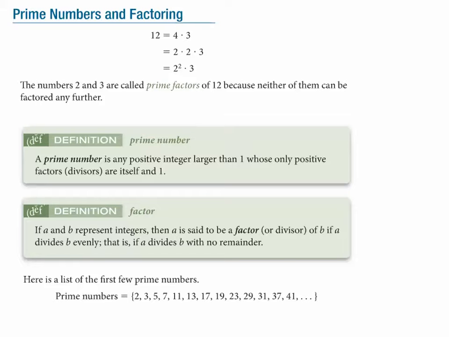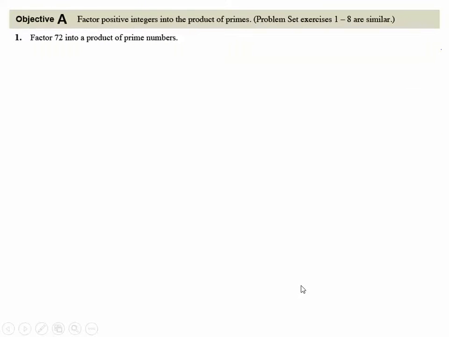Yeah. Okay. Those are somewhat helpful as well. All right, so on page 34, there is a listing of prime numbers, just so you know what they are as well.